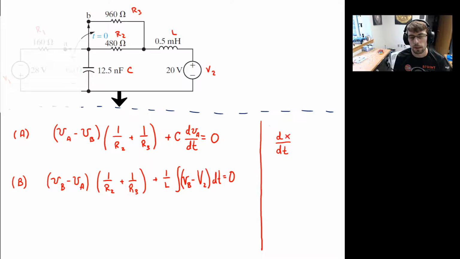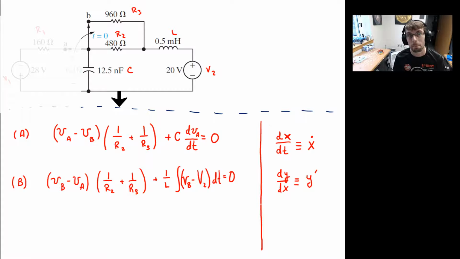Say I'm using x as my variable. More often, you will see this dx dt written simply as x dot. You've kind of seen this in math. If you have dy dt, sometimes dy dx, sometimes you'll see this just simply written as y prime.